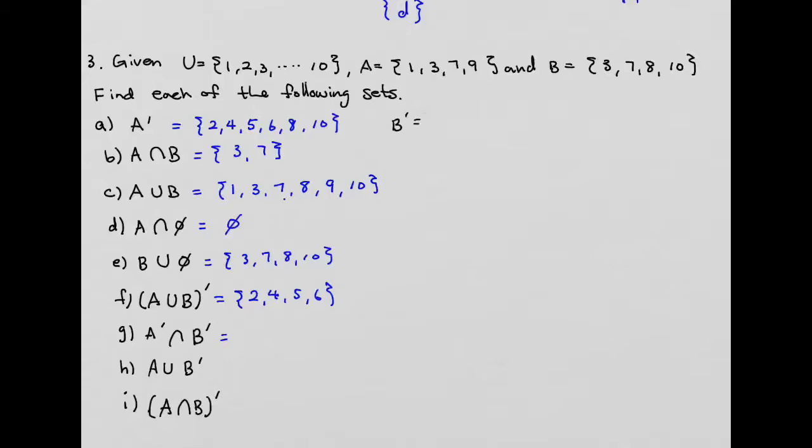So B not is going to be 1, 2, 4, 5, 6, and 9. So if we wanted to find the intersection of these two, I have 2, and it looks like I have 4, 5, and 6. That's it.